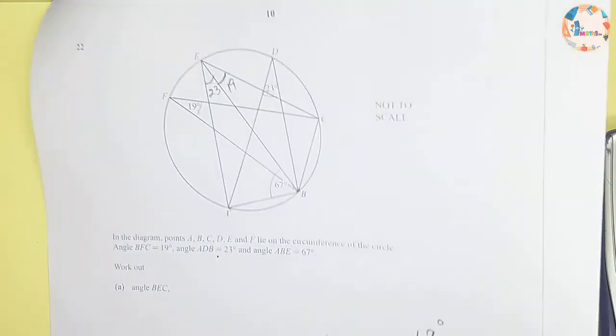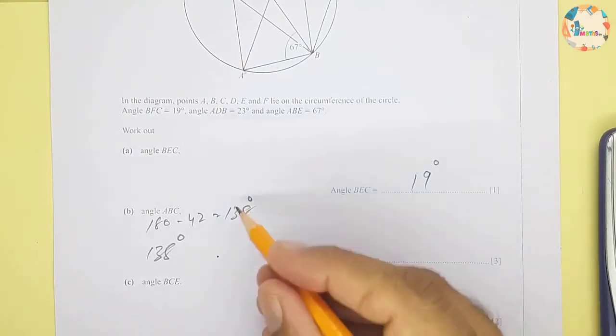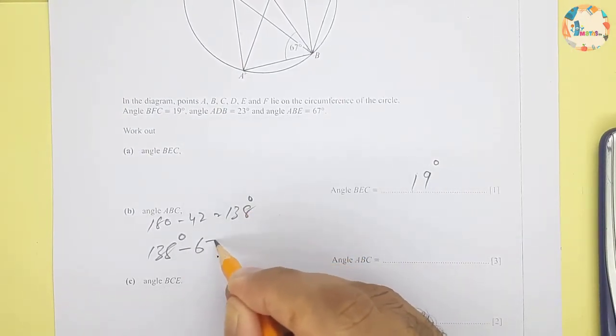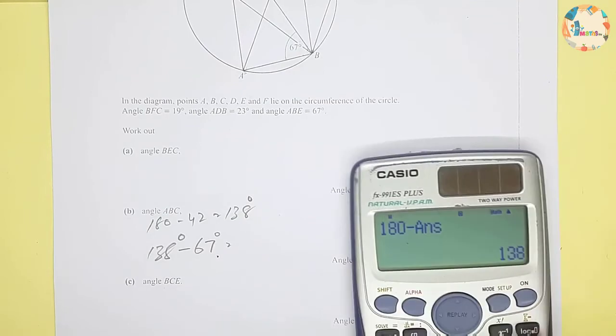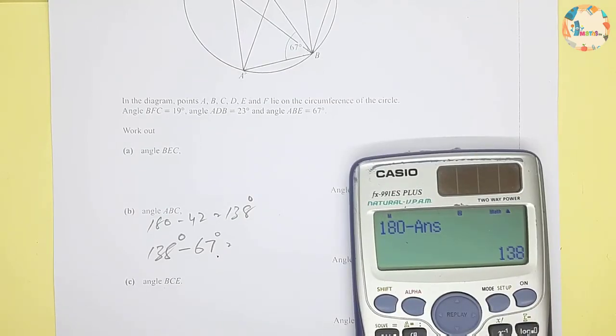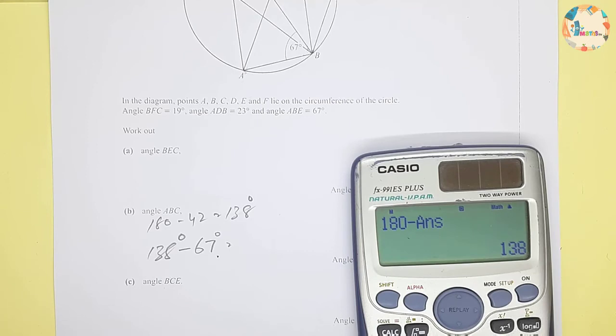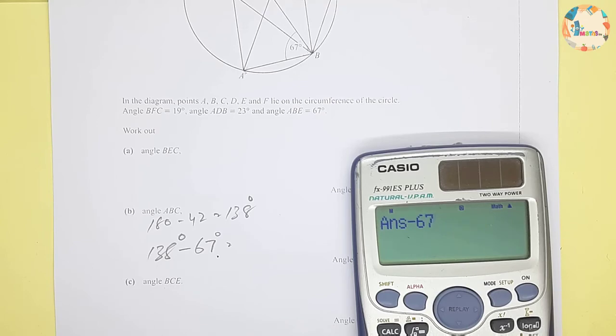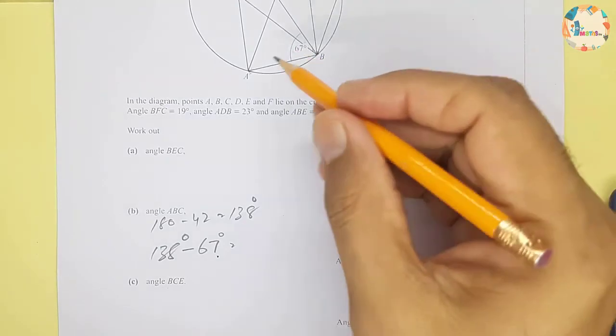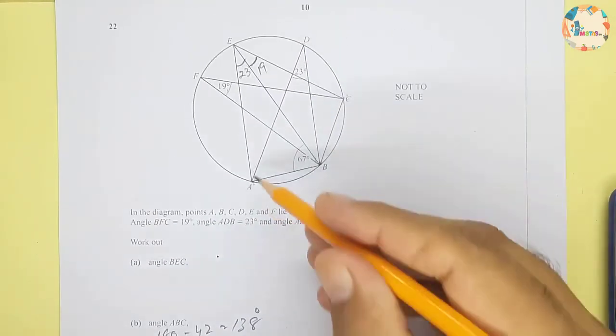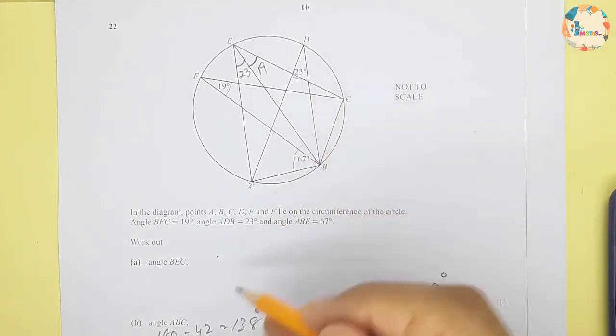So this is basically 138 minus 67 degrees. They are asking for ABC. ABC is this one, which is 138.